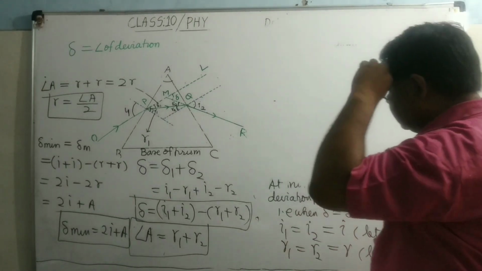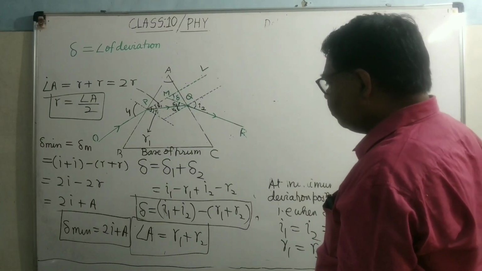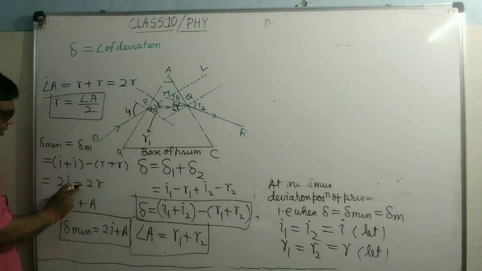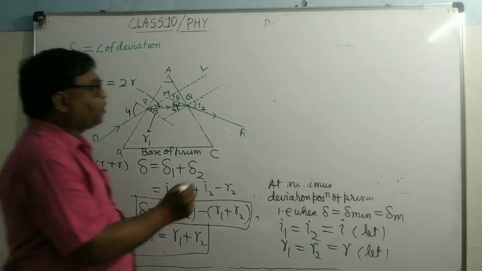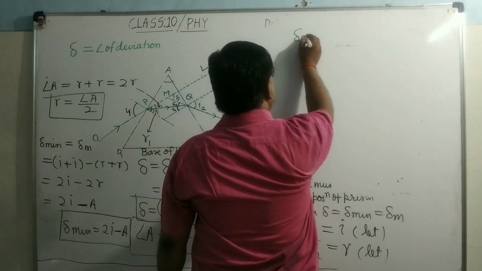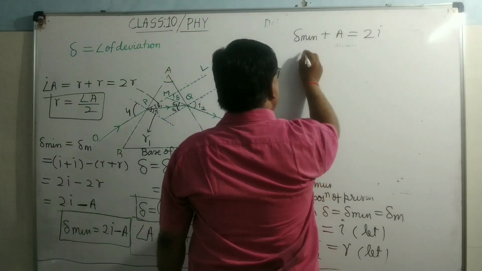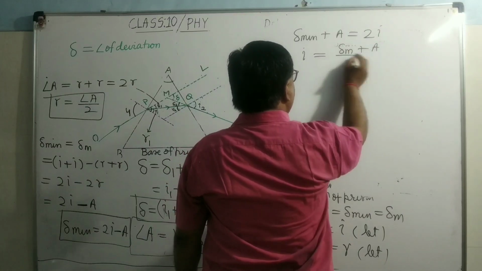Perhaps this is 2i equals delta minimum plus A. It is plus, this is plus. So i equals delta minimum plus A upon 2.